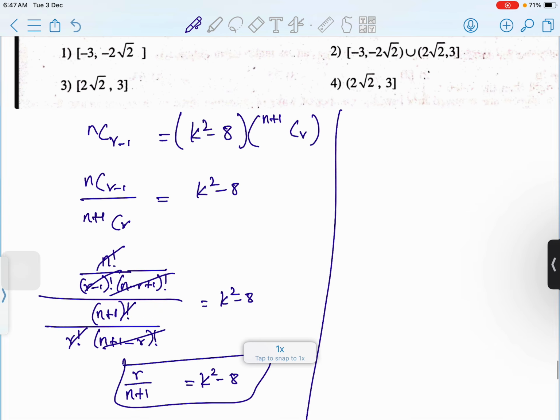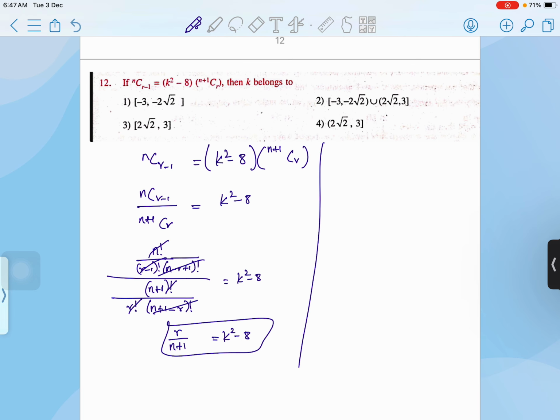So from the question we know that the r value can range from 0 to n, but we have one restriction that the first term is r minus 1. So if you put r value 0 now, this will not satisfy. So it is updated from nC(r minus 1), which implies r minus 1 is supposed to be greater than or equal to 0 up to n.